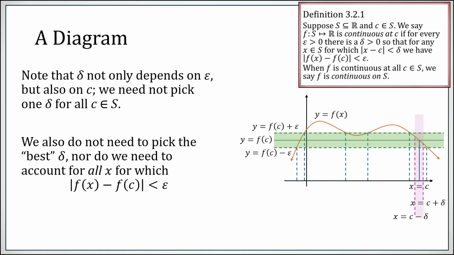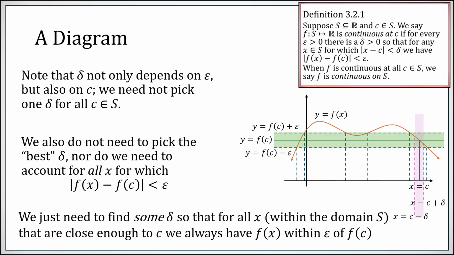We don't need to account for all inputs that give us so-called good outputs. We just need to show that every input close enough to c is a good input. So we only need to find some particular positive delta, so that for all x within that distance of c, f of x must be within epsilon of f of c.